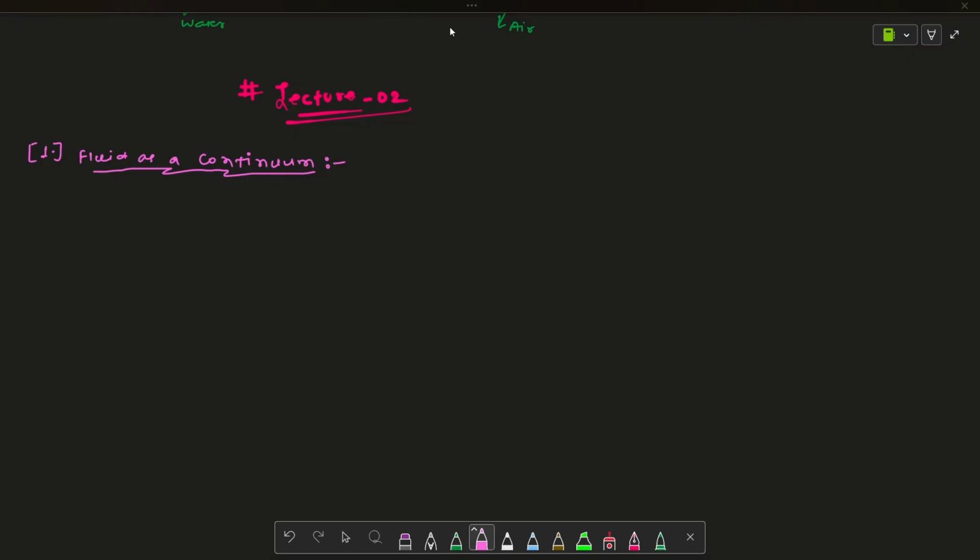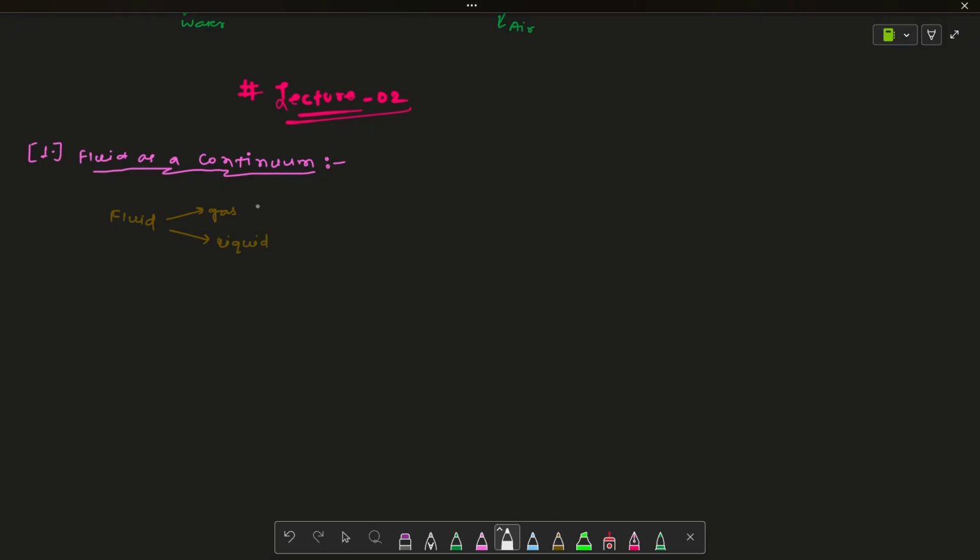So from the previous lecture, we can say that fluids are aggregations of molecules widely spaced for gas, and for liquid closely spaced. So what I mean to say is, if a fluid is there, it can be divided into gas and liquid, which was discussed in the previous lecture.